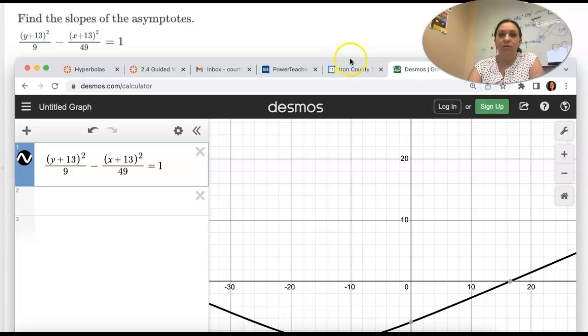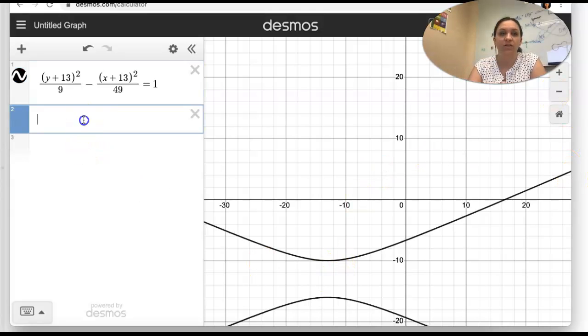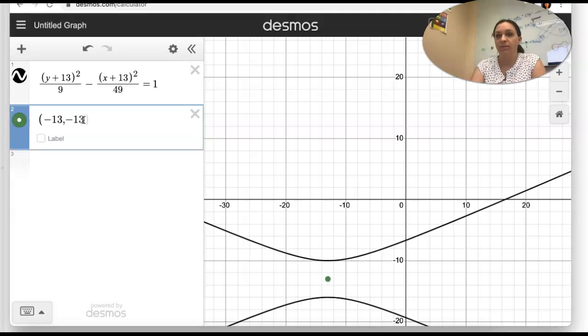So now y comes first in our equation. So the hyperbola switched spot. Now we're on the y-axis and our center is way down here at negative 13 because what's in the parentheses is opposite.